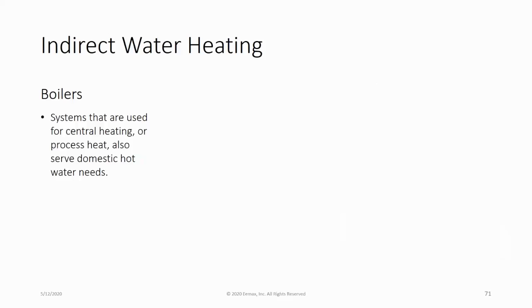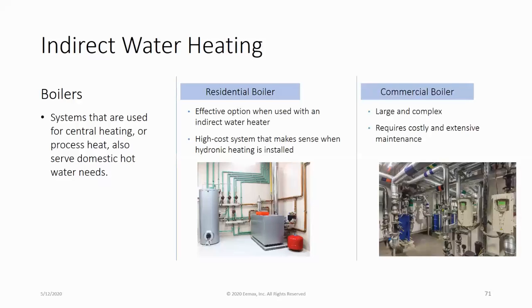One of those options may be a boiler, residential boiler or commercial boilers. Indirect heating is very effective if done properly. It can do multiple stations. It can do HVAC, it can do domestic, it can do process. You can get a lot of power and a lot of heat out of a boiler. The problem is that whole 80-20 rule.